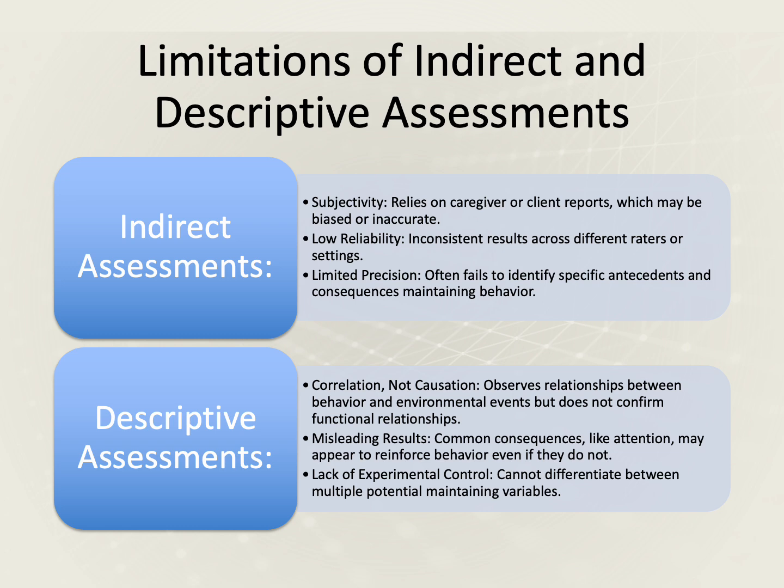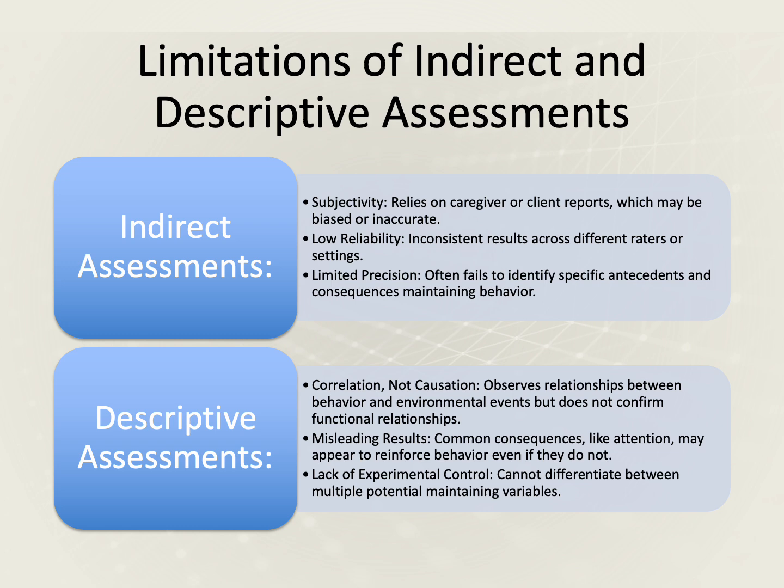We're simply observing what's going on with the behavior and the environmental variables that are surrounding the behavior, but we're not manipulating anything, so we can only make assumptions about how one variable correlates with the behavior. So we cannot say that there's a clear functional relationship or a clear function from the descriptive assessments, but we can make a pretty solid hypothesis.